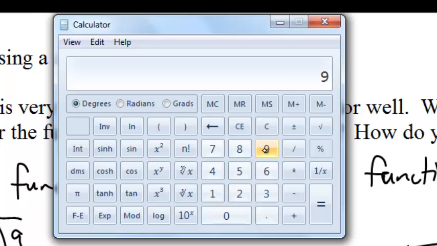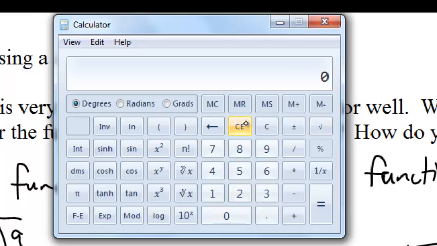It's already done the square root. If I hit equals, I don't know what that is. What is going on here? I don't know why it's doing that. No, if I want the square root of 9, first I hit 9, then I hit the square root, and I get the answer of 3 automatically. Okay? So this is very, very important.